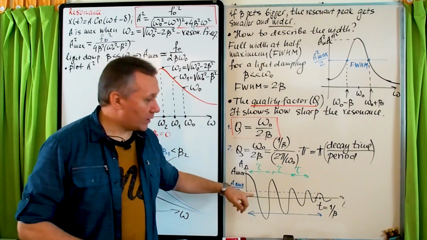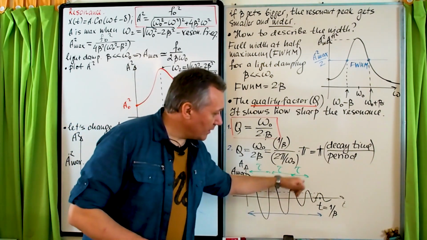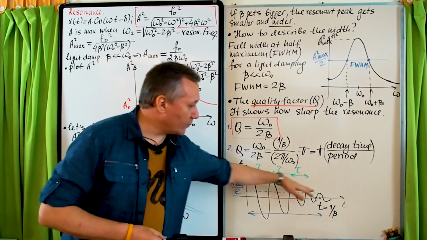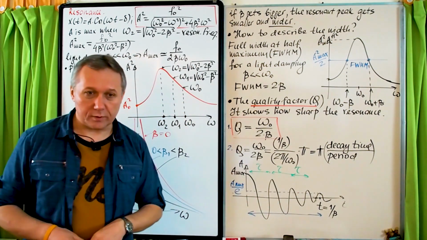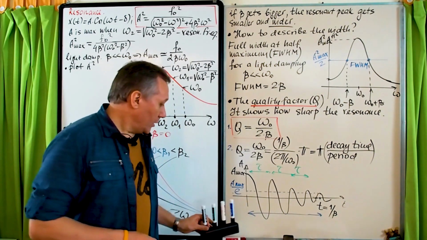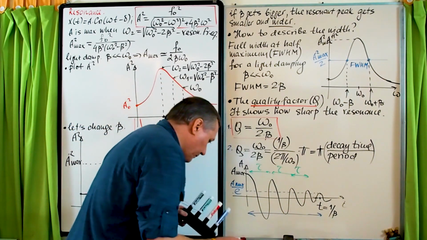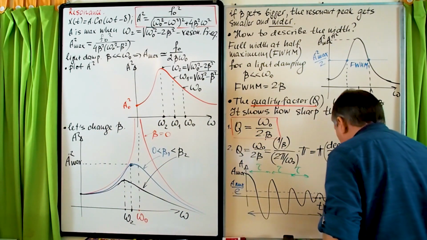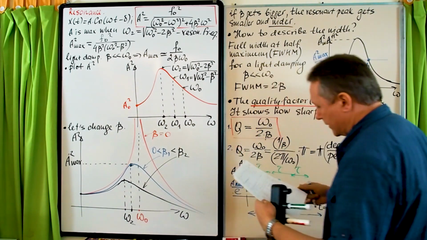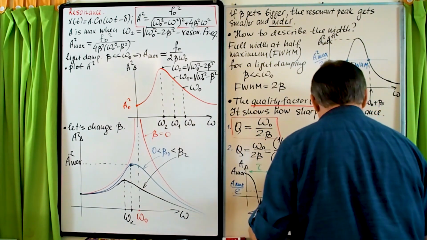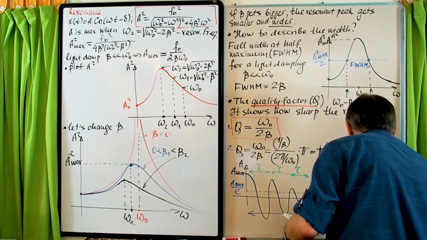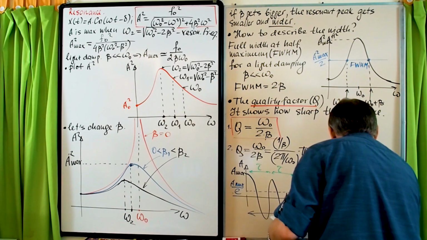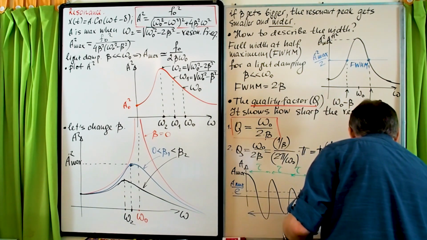But if Q is large, the system can make a much larger number of cycles before it reaches that point. So in this case, Q is larger. So basically, I can write the interpretation: this is a number of periods or cycles in one decay time.